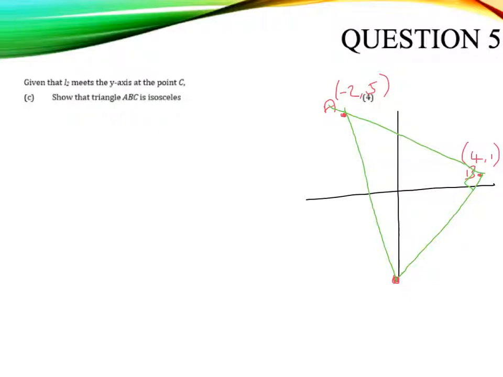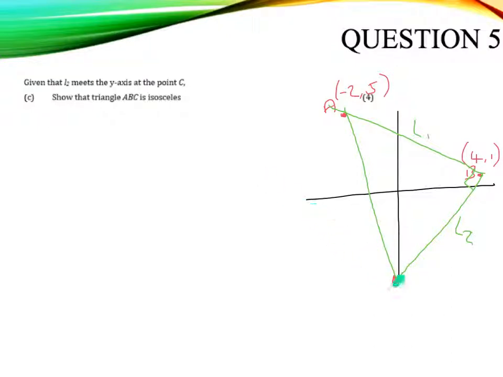We've already determined that this line is L1 and this line down here is L2, and they're perpendicular to each other. So I've already drawn in a right angle. That means that this here can't be a right angle.